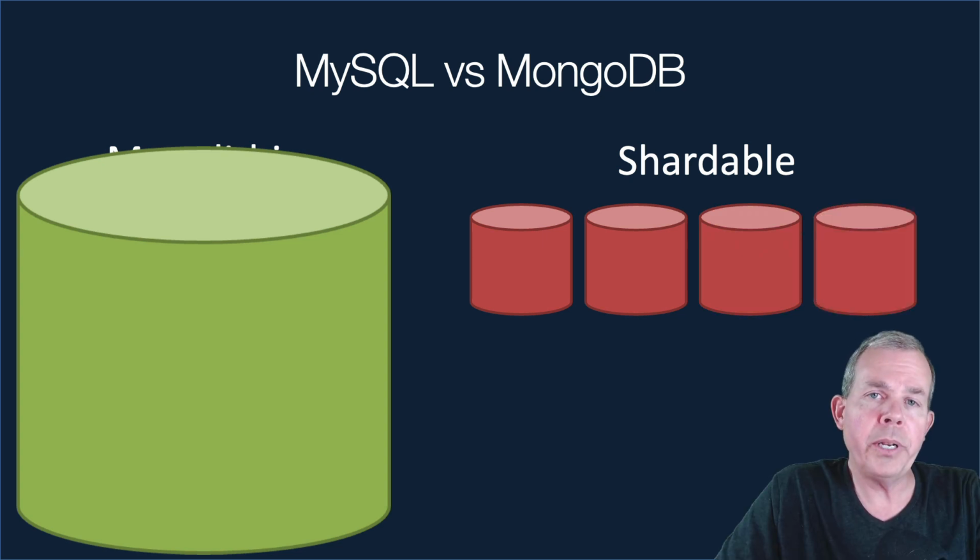Now you can split up tables in SQL databases into shards. However, it's not nearly as easy as if you were to do it in a NoSQL database. And so that was one of the primary reasons why people built Mongo or other NoSQL databases, so that you can have them split across servers, across time zones, and then the responses can be scaled much better.